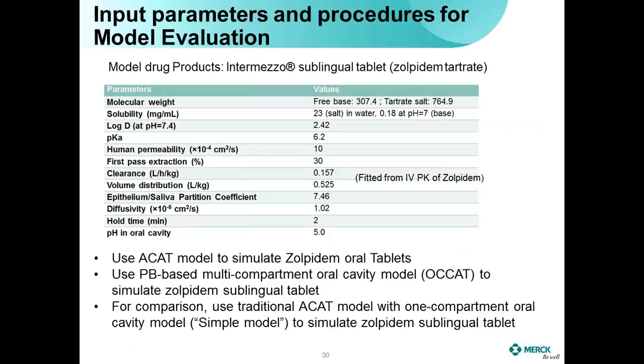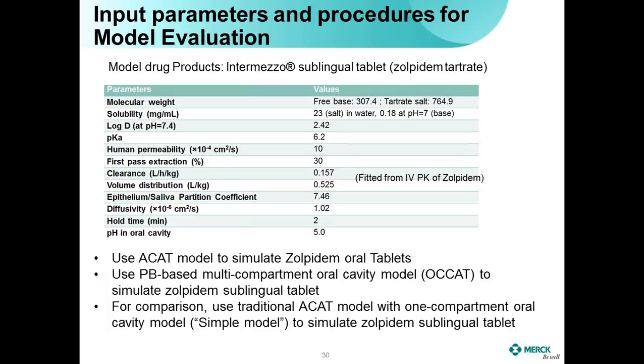So let's go to the example of an Intermezzo sublingual tablet. Intermezzo sublingual tablet is a Zolpidem tartrate compound, and I listed the drug information here. It's also well dissolved, and I got the PK parameters from the IVIVC data of Zolpidem.